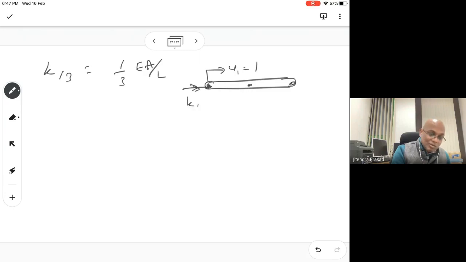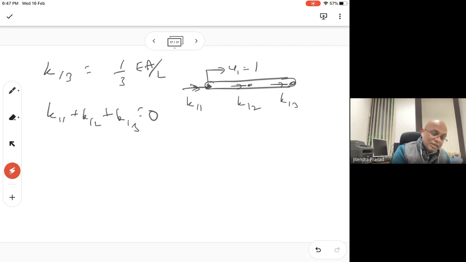So this will be K11, this will be K12, this will be K13. That really means K11 plus K12 plus K13 equals 0, because they represent the same loading condition.